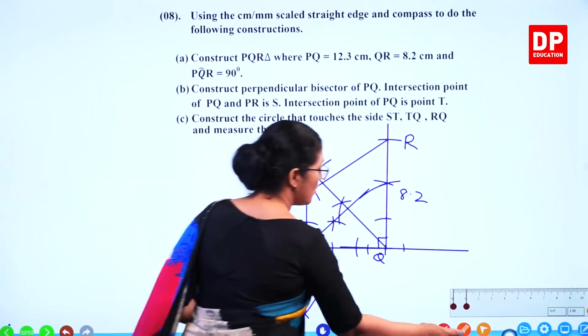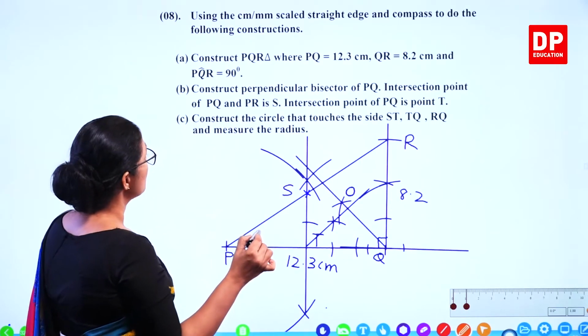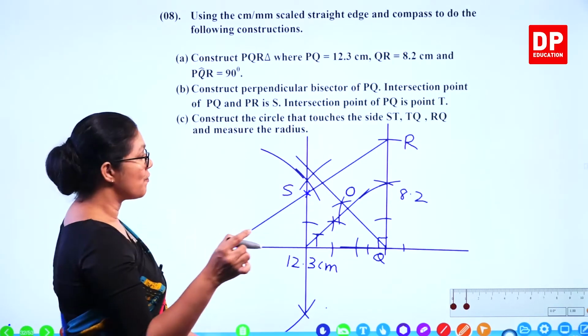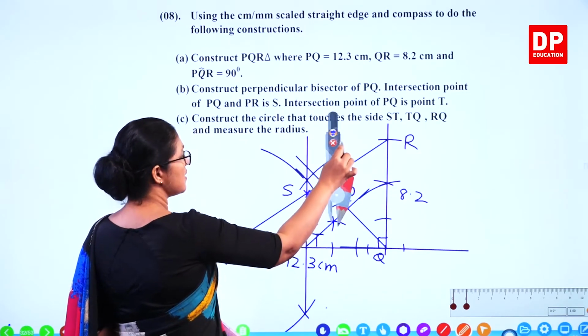Now this is the center. We take it as O, the center of the circle. Now we can draw the circle.